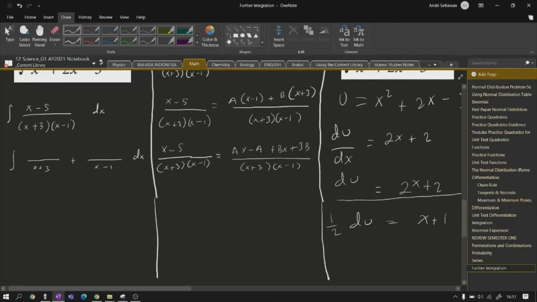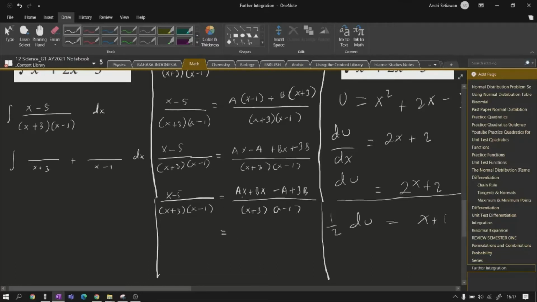So x minus 5 over x plus 3 times x minus 1 equals this. There are similar variables, ax with bx, similar x. Maybe we will be confused if I do it directly, so minus a plus 3b over x plus 3 times x minus 1.